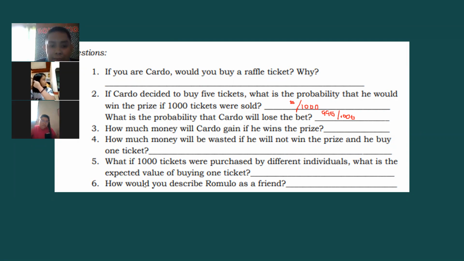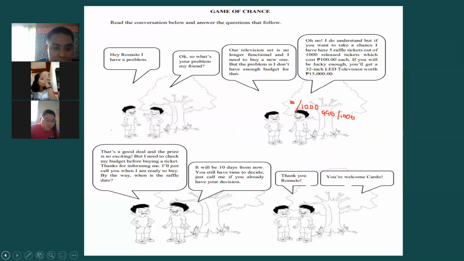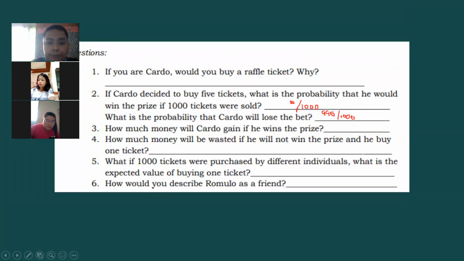Balikan natin yung storya. Pag mananalo raw si Cardo, magkano ang kikitain niya? Tandaan, ang pinaglalaruan nila is 15,000. Magkano kanyang kikitain? 14,500. That's correct. Bakit po 14,500 na lang?